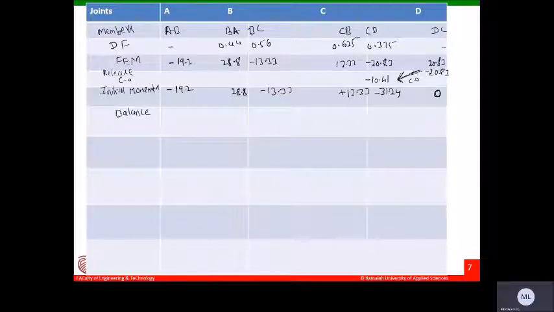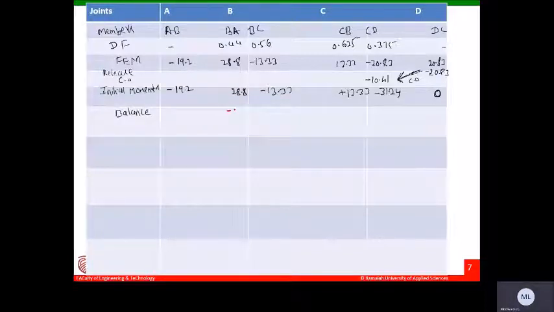That should be multiplied with the respective distribution factors. 15.47 into 0.44. Change the sign, write down the values. 15.47 into 0.44, you will get 6.8. Change the sign, write down the values.